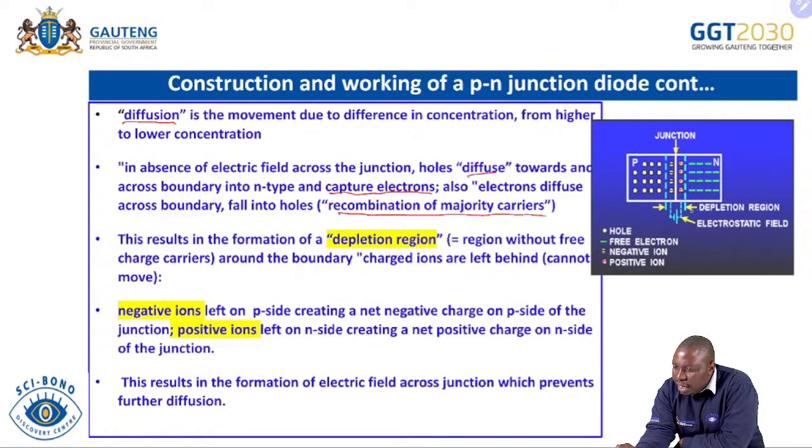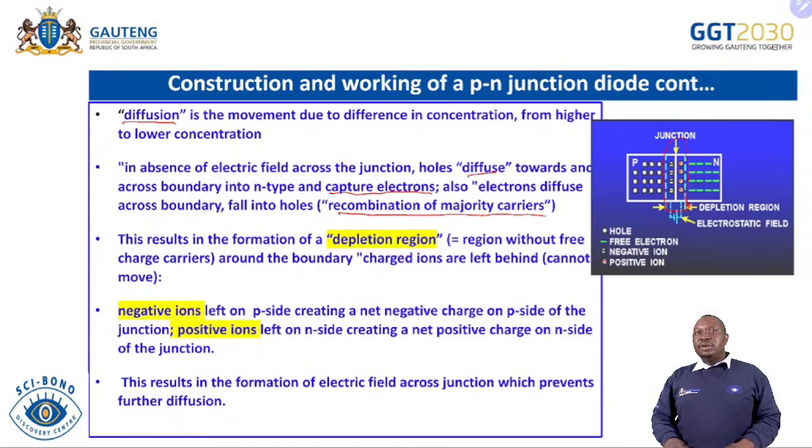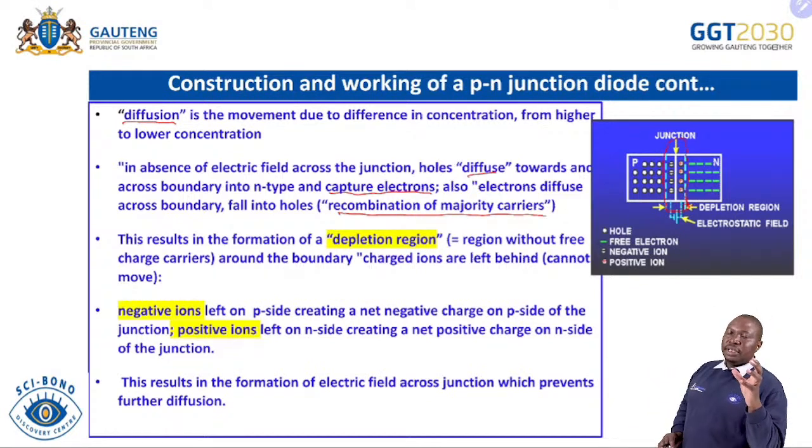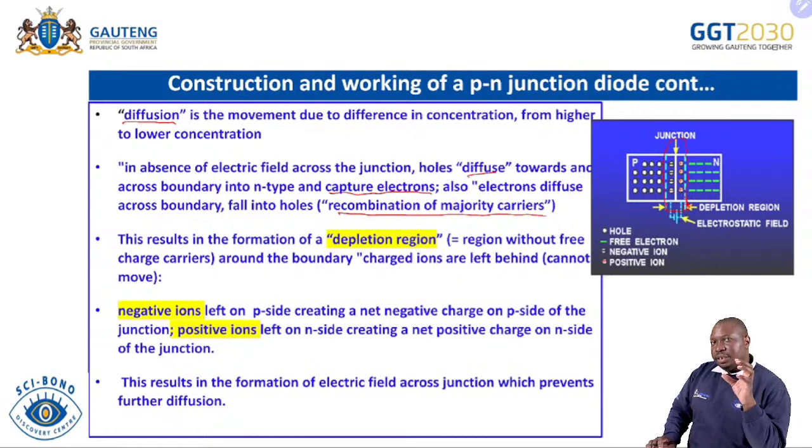You can see here we've indicated the depletion region. In the middle they will start to meet, and then they will deplete. Remember what made the holes positive is that there were no electrons inside. Now the electrons will get inside the holes, so there's going to be a depletion.